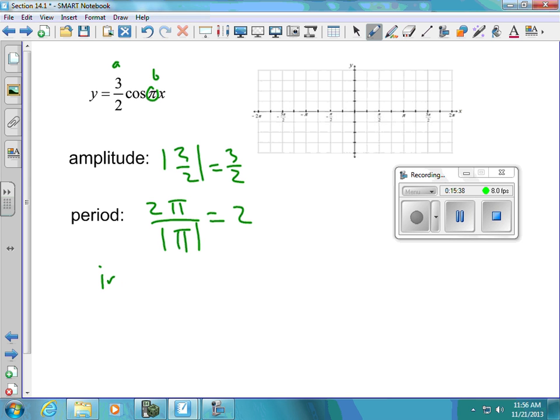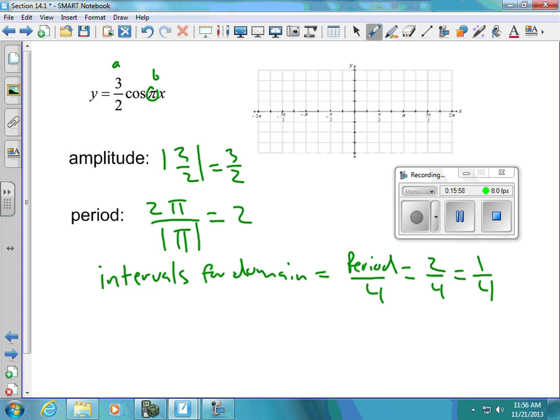So our intervals: remember that formula we looked at in the last slide? That is period divided by 4. Our period is 2, so 2/4, that's just 1/2.